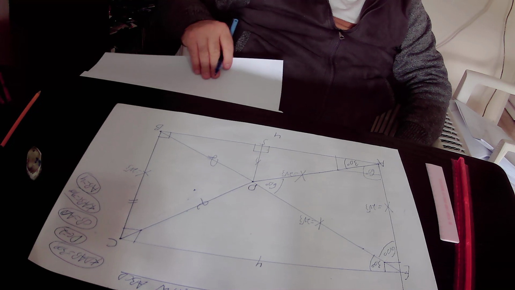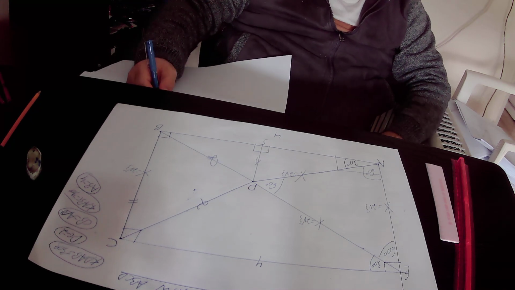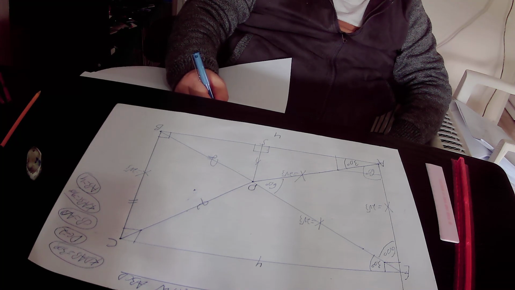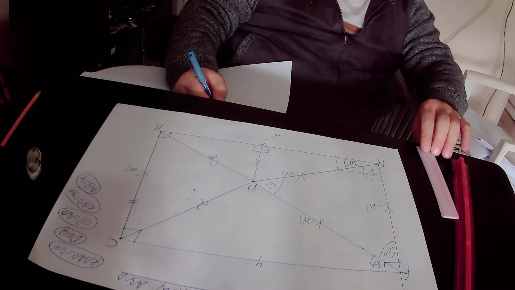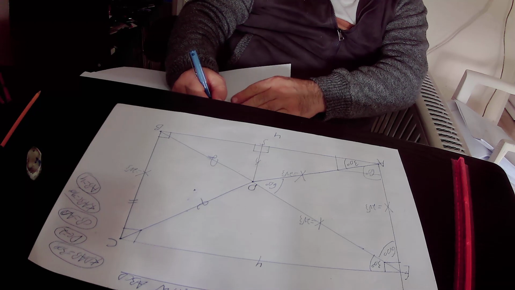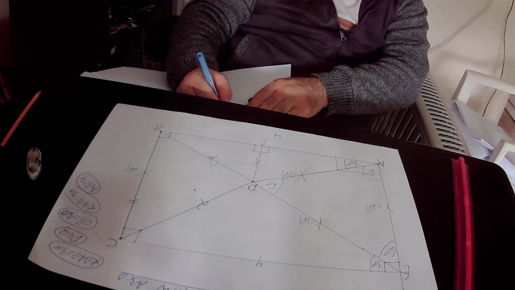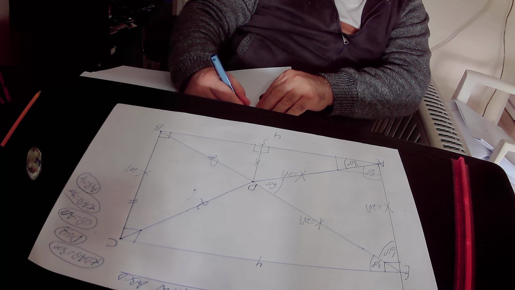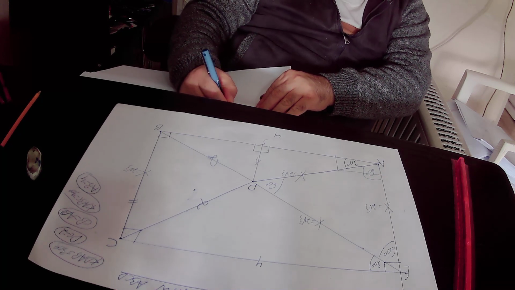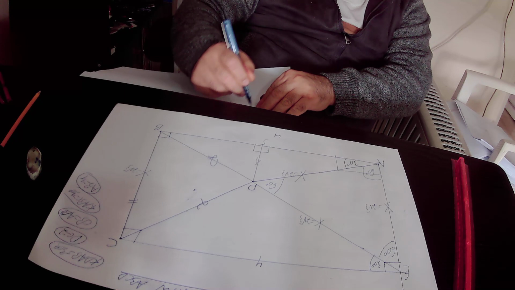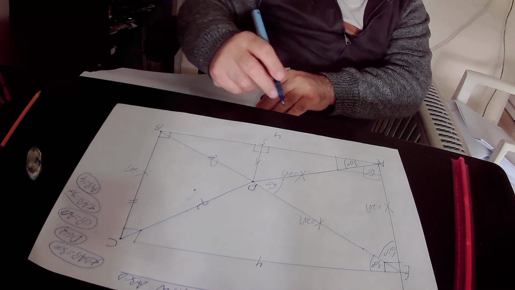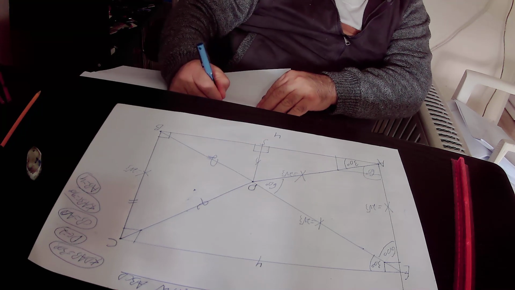On triangle ADS, we know that sine 30 degrees equals H over 2 times square root of 3.